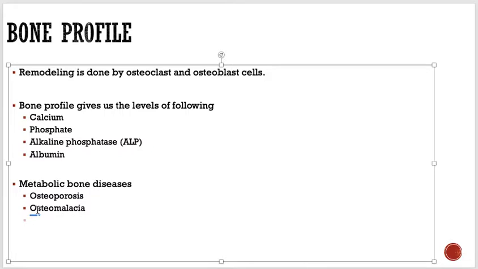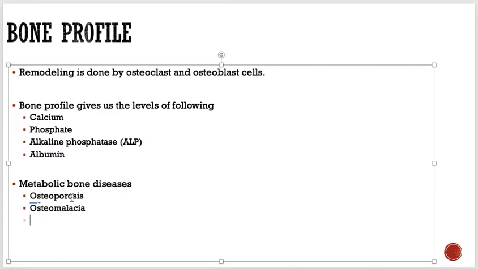So you can simply define osteoporosis as reduced bone mass, but osteomalacia is reduced bone mineralization. This is opposite to, you can say, osteoporosis. So remember, in osteoporosis the bone minerals are normal, but in osteomalacia the bone minerals are reduced. Okay, so this is an important thing.